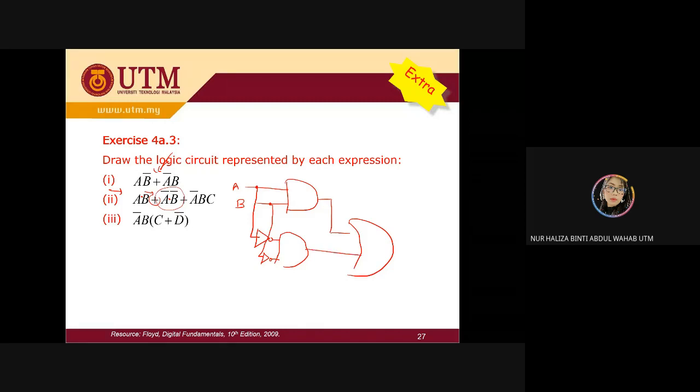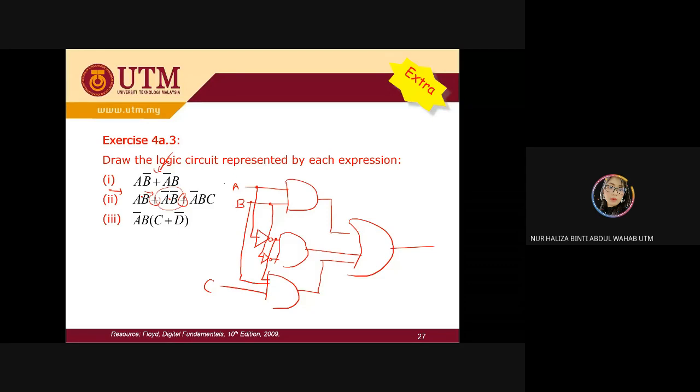And it will connect to the OR gate. And after that, we have another one which is A bar. And it will multiply with my B and also another input which is C, and it will add to my OR gate, and this is my circuit.